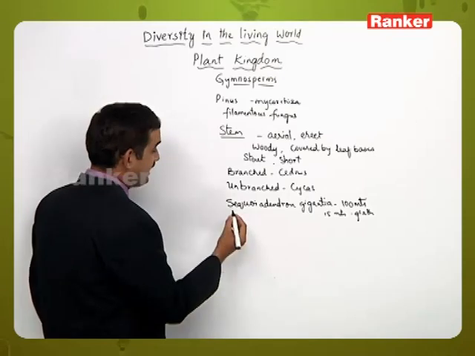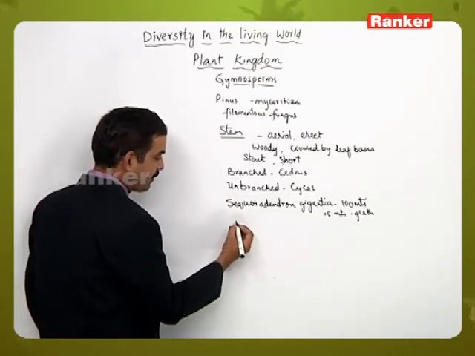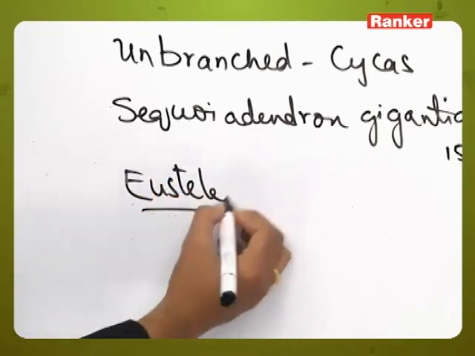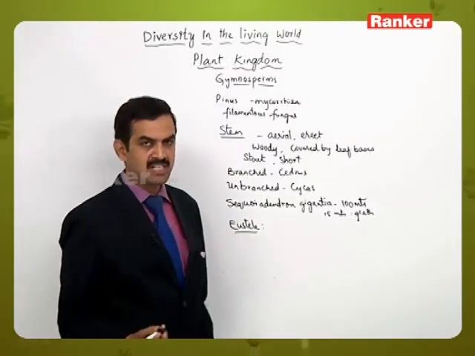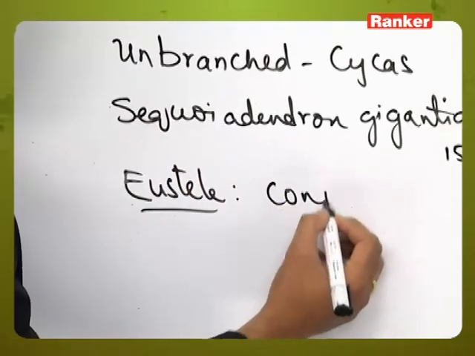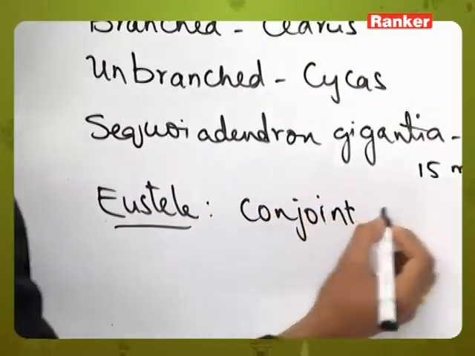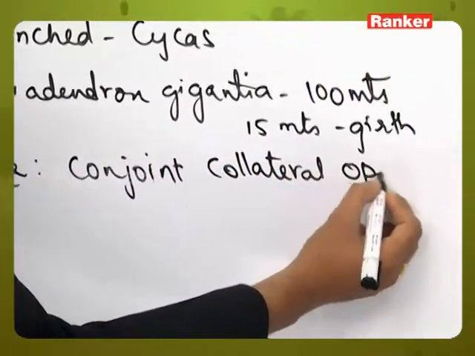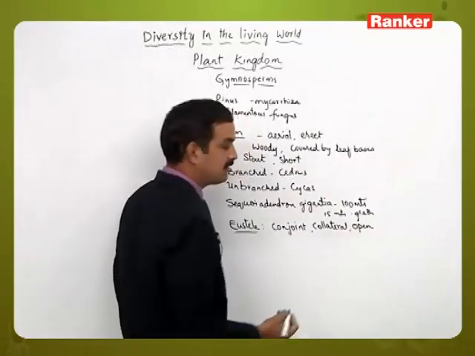Then in the stem we can see the presence of eustele condition, as in the dicotyledonous plants. That is, the vascular bundles are conjoint, collateral and open type.